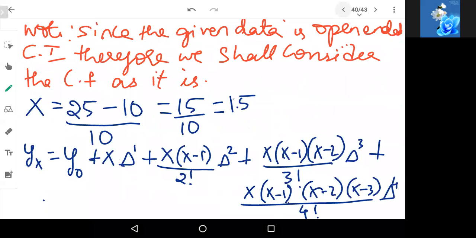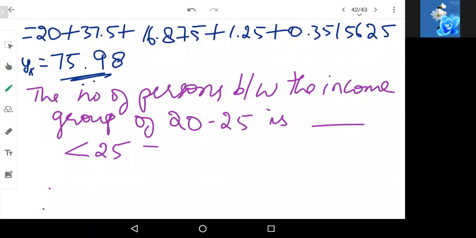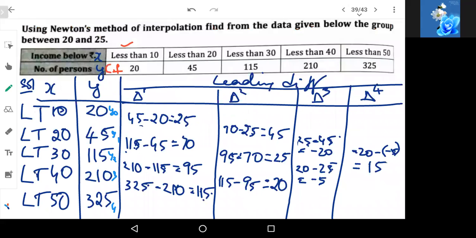So which means we have found the number for less than 25. Now less than 25, we have found the number to be 75.98. For less than 25, we found 75.98. Minus less than 20. Now from where do we get less than 20? Go back to the question. See here, less than 20. What is the value? 45.